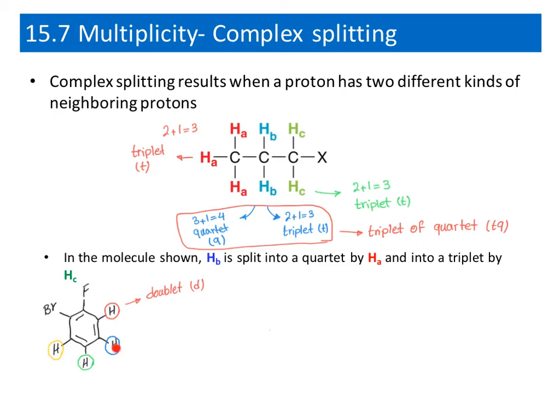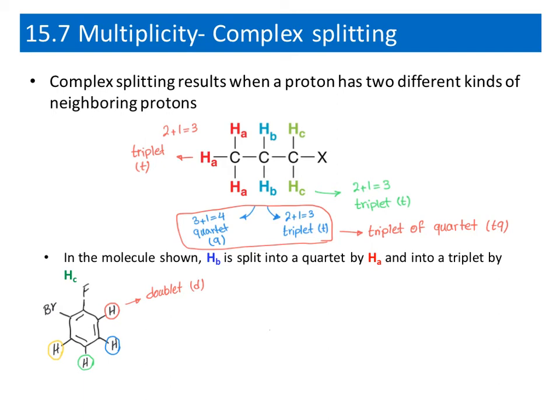Now how about the blue hydrogen? The blue hydrogen is connected to this carbon. Now on the neighboring carbons, we have two protons that are different from one another. They have different chemical environments. So I should think about complex multiplicity. Now I need to consider this one first. So 1 plus 1 makes this a doublet.